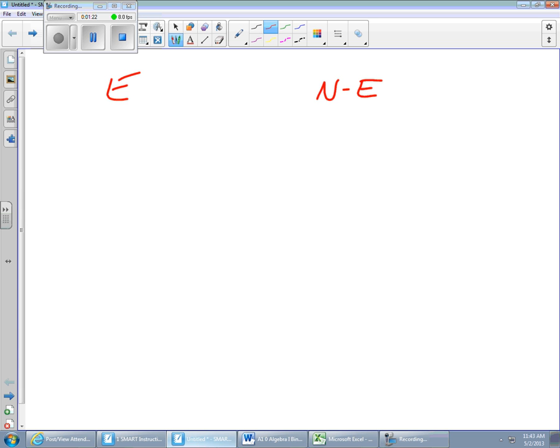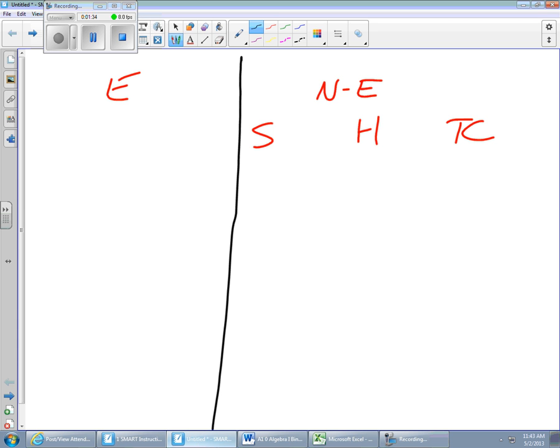Under the non-Euclidean geometry, there are three different kinds: spherical, hyperbolic, and taxicab geometry. So you've got these two basic subdivisions, Euclidean and non-Euclidean, and three types of non-Euclidean geometry, and you should already have those labeled.